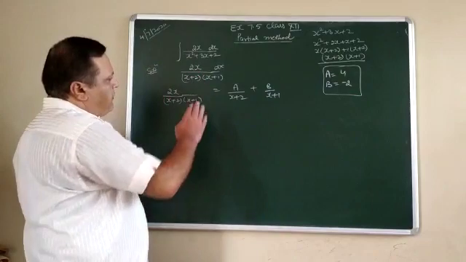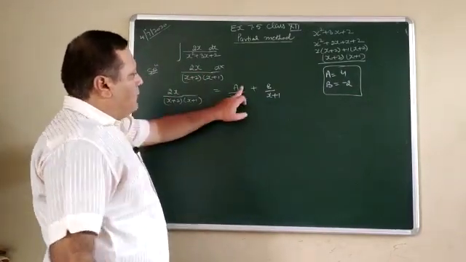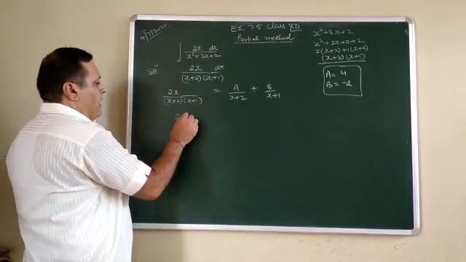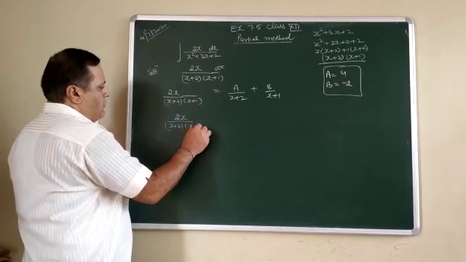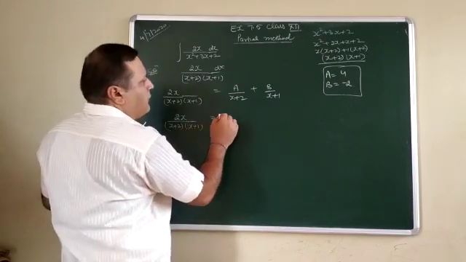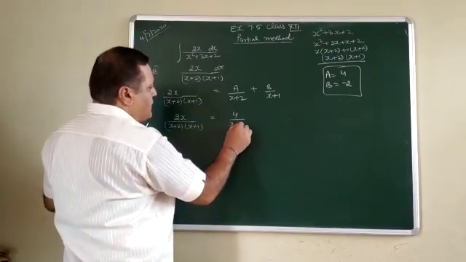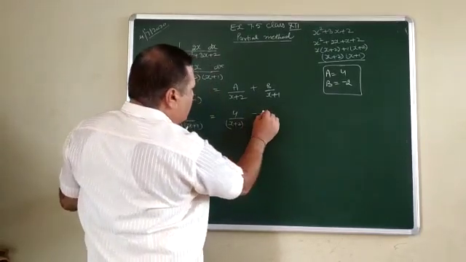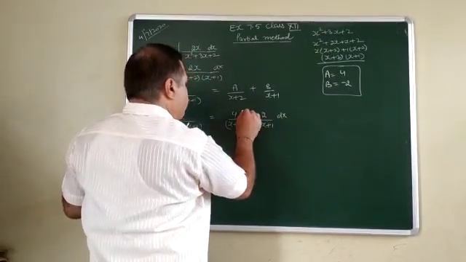Now after getting the values of a and b, substitute the values. 2x upon (x plus 2)(x plus 1) is equal to 4 upon x plus 2 minus 2 upon x plus 1 dx.